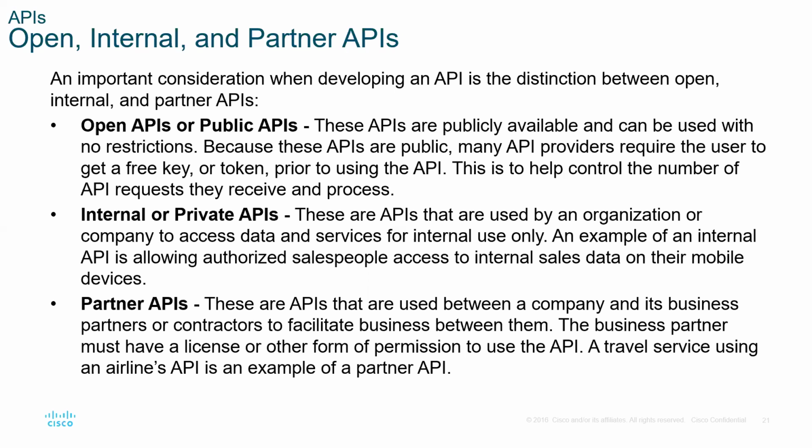An example, a travel service using an airline's API is an example of a partner API. So I think with a partner API, you allow access to some partners, right? You have your private API first. Then you allow some partners to have access, and that defines a partner API.